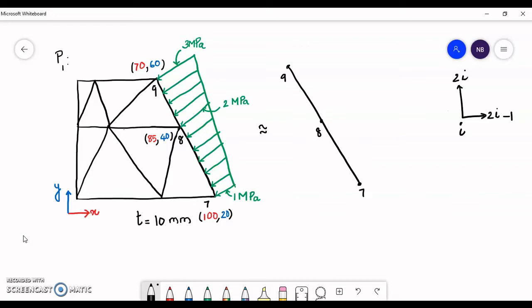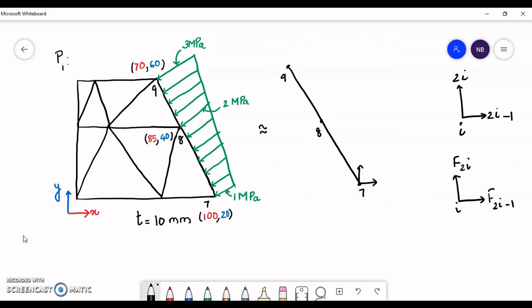So since we are asked to find out the equivalent point loads, let us denote the equivalent point loads by F. So for any node it will be F2i and F2i minus 1.